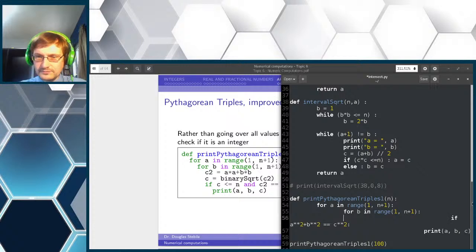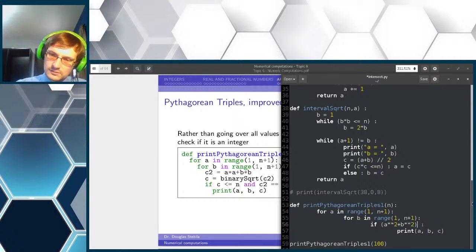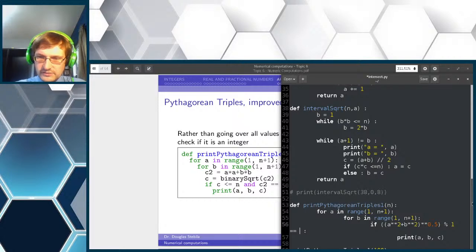Remove that. If a squared plus b squared to the power of 0.5, if that modulo 1 equals 0, then we can print it.